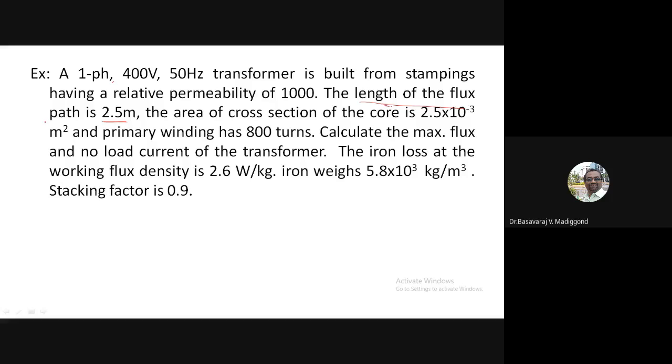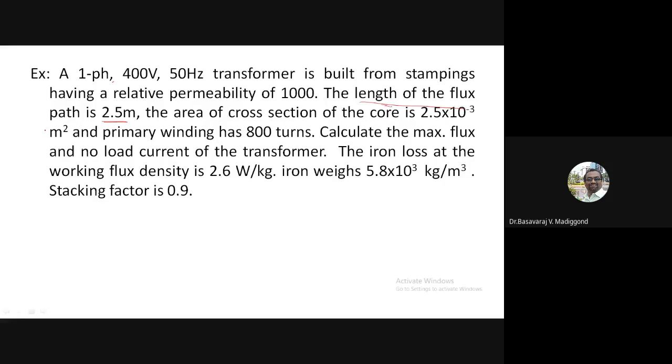Calculate the maximum flux and no load current of the transformer. You need to calculate phi m and I naught. The iron loss at the working flux density is 2.6 watts per kg.